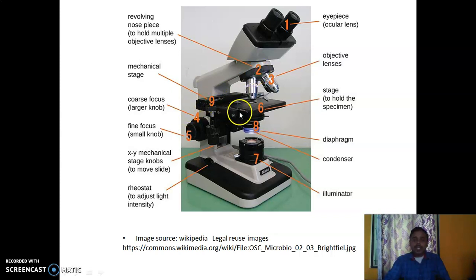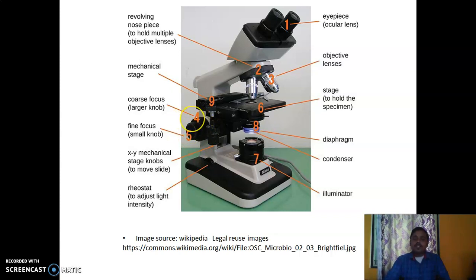Then this is your mechanical stage. The mechanical stage provides you the space to hold your specimen or sample. Then you have the two adjustments. One we call the coarse focus, that is the larger knob. Using this coarse focus, you can adjust in a greater range.